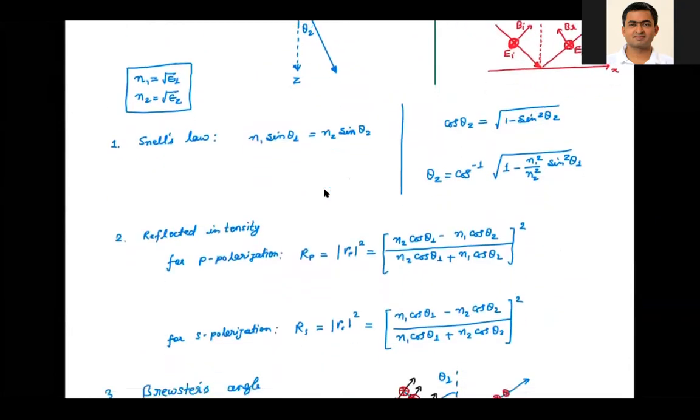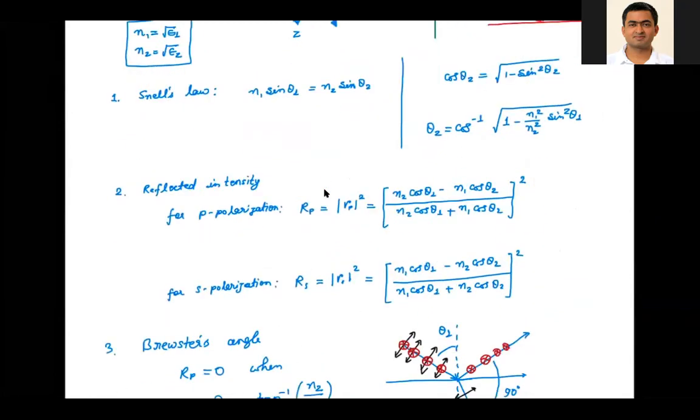We have these expressions for the intensity of the P polarized light reflected and the S polarized light reflected. I want to plot RP and RS as a function of theta1. Again, let me remind you that theta2 is already a function of theta1 by utilizing Snell's law, so I will use this expression of theta2 in terms of theta1 right here. Then I plot RP as a function of theta1, change N1 and N2, and visualize the concept of Brewster's angle.